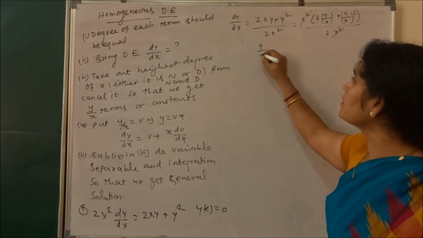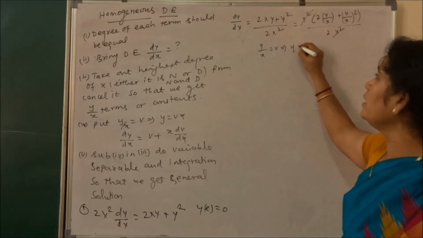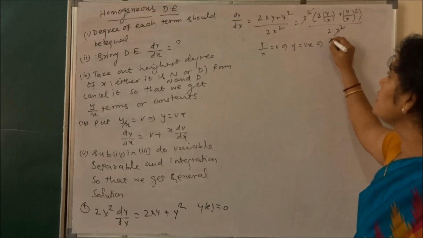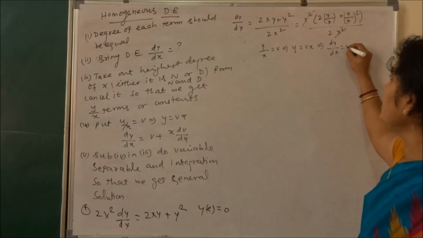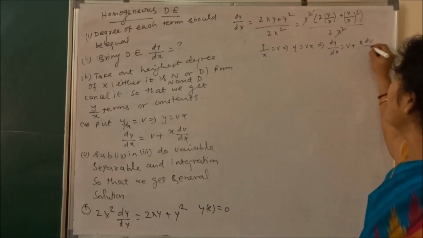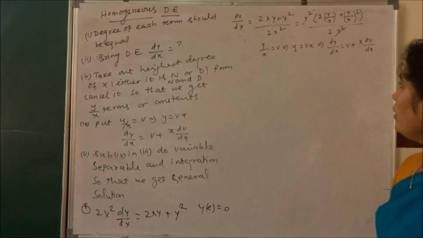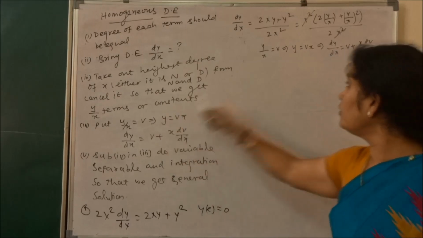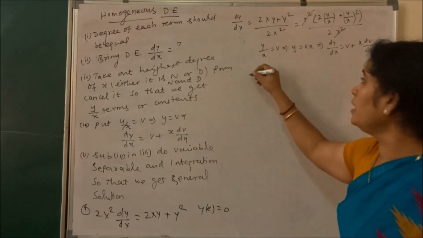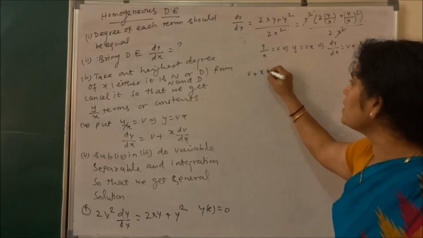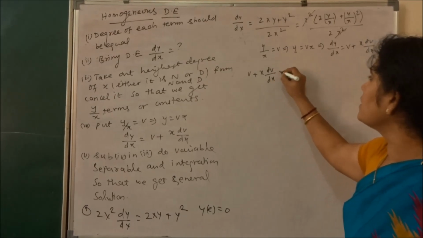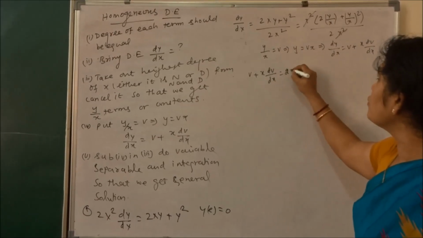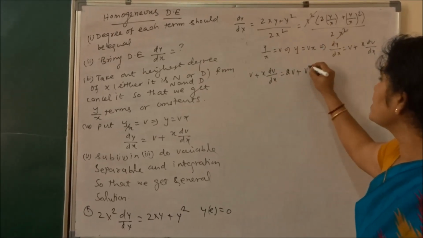Now another step; you have to follow all these steps and you will get a general solution. Now put y by x equal to v, which implies y equals vx. This implies dy by dx is equal to v plus x into dv by dx. Clear? Now substitute all values, that is, substitute step number 4 in 3. Now v plus x into dv by dx is equal to 2v plus v square.